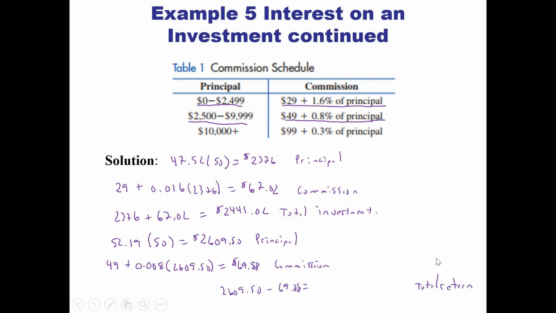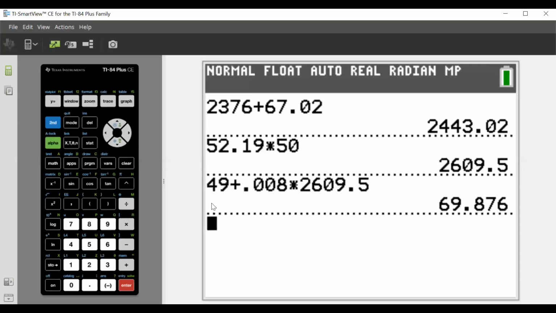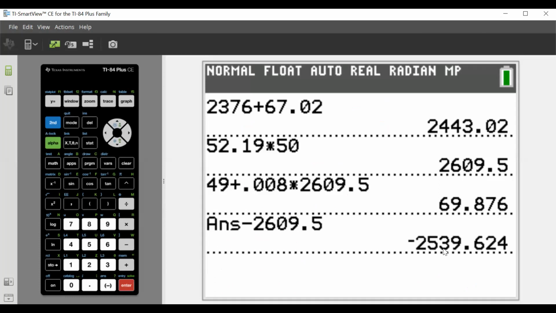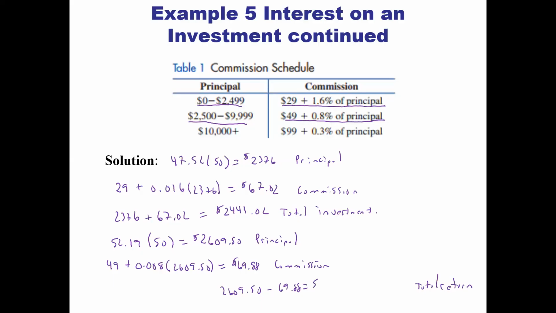Let's subtract those, and we'll just type it in as 2609.5 so I don't have to type as much. We get 2539.62. There's no rounding in that one. That's going to be our total return.